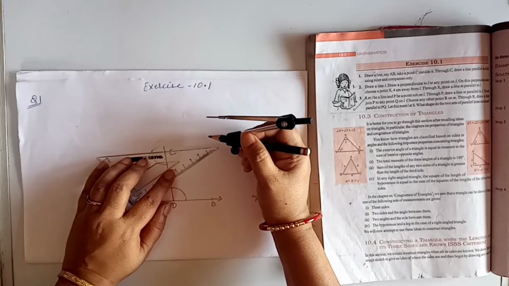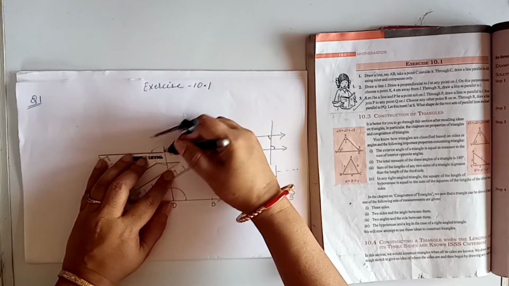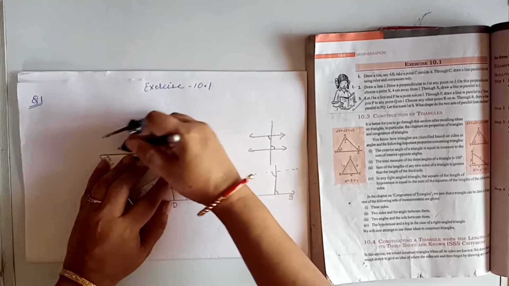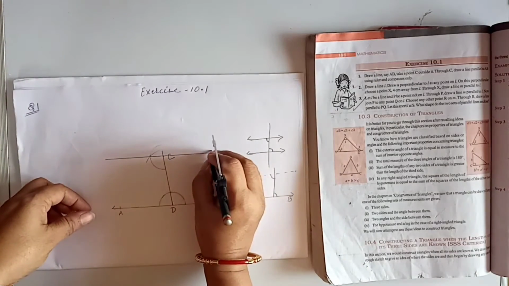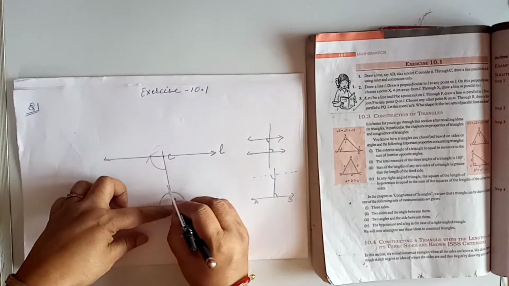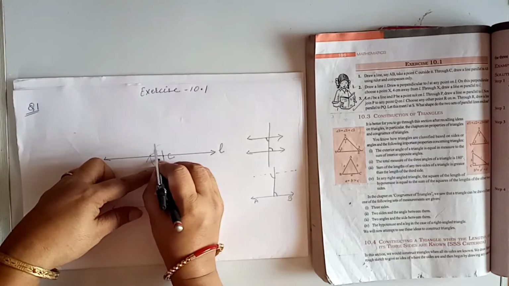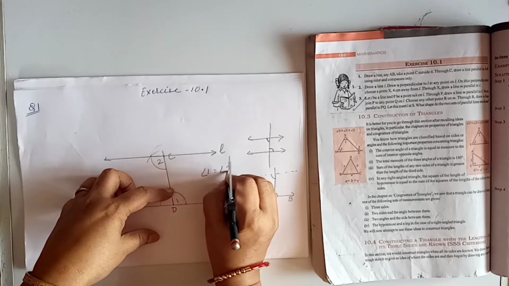I will draw a line. Suppose I have marked it as L. So I have proved that angle 1 and angle 2 are equal. Angle 1 equals angle 2. Why?